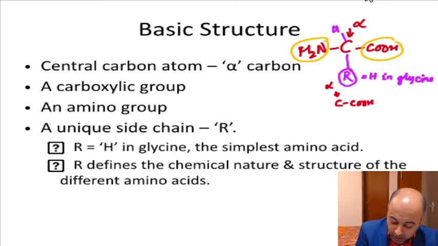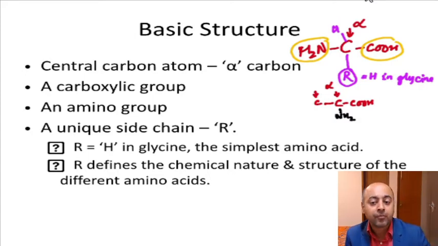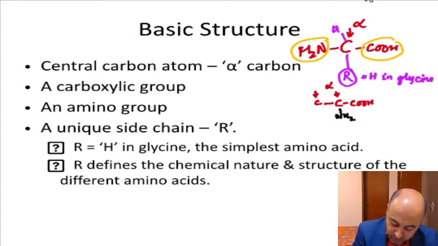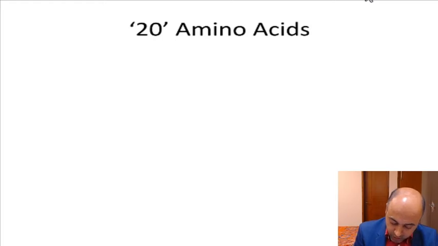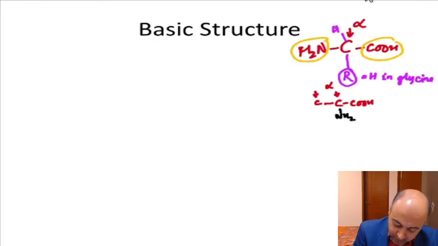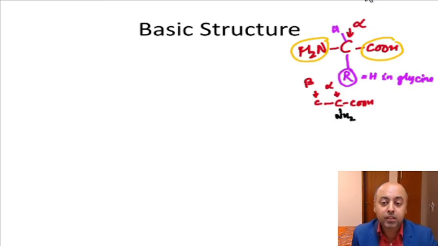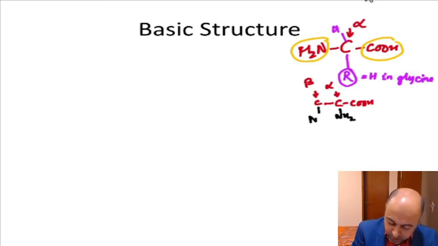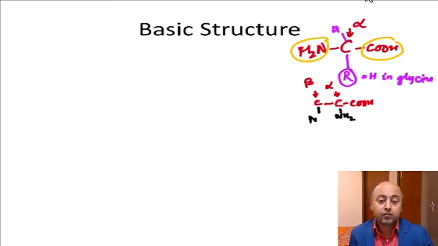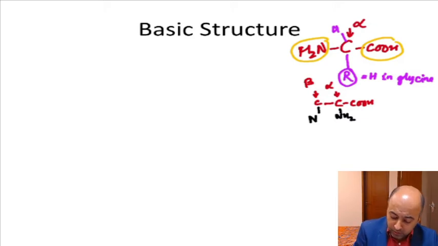On the other hand, if the amino group is attached to the second carbon, that second carbon would be the beta carbon, and in that case we call it the beta amino acid.